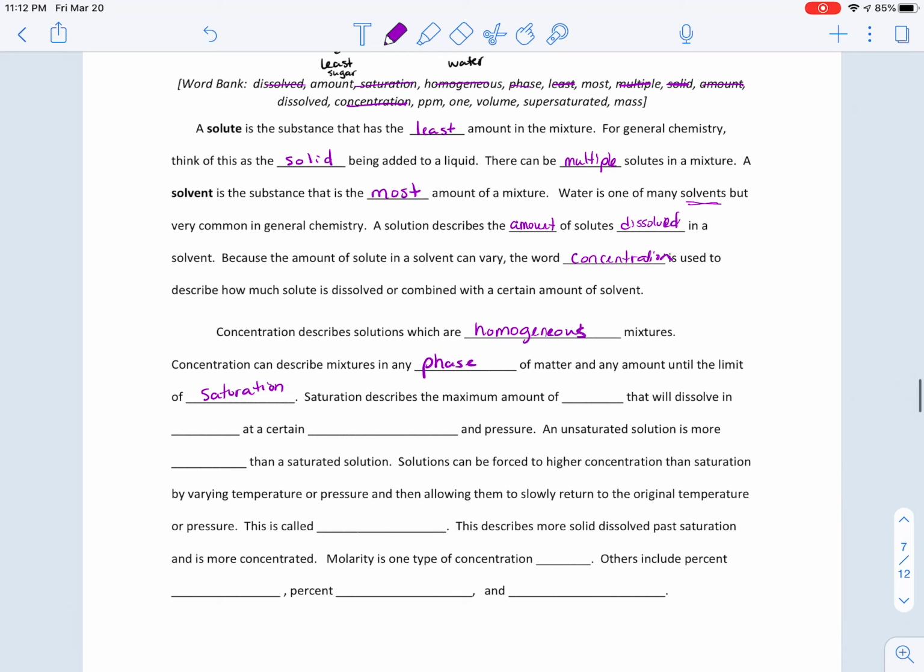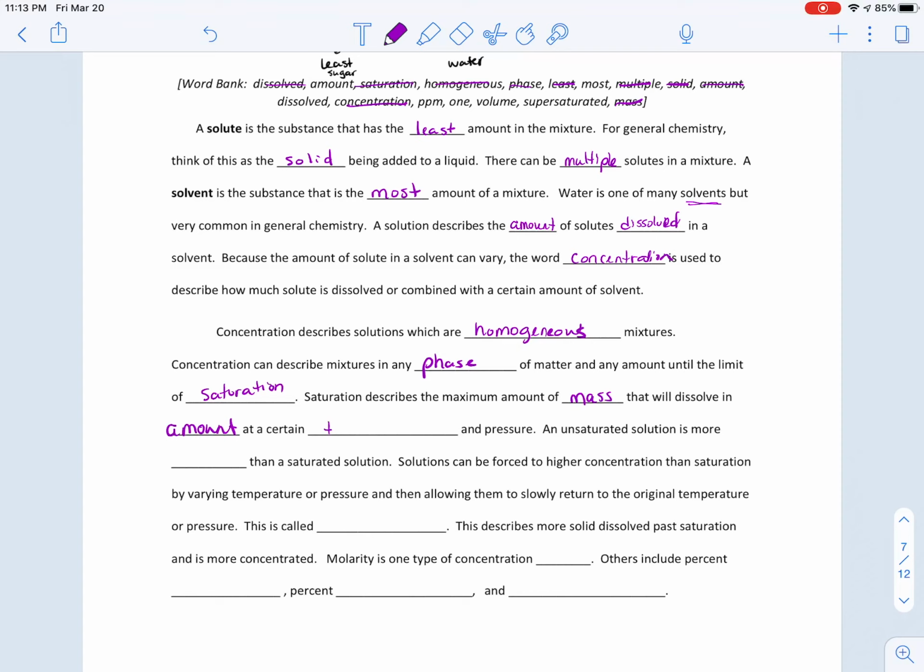Okay, saturation describes the maximum amount of solute, but what I have that's left is mass that will dissolve in a volume. So mass and volume. Did I lose my word mass? Nope, there it is. You know what?